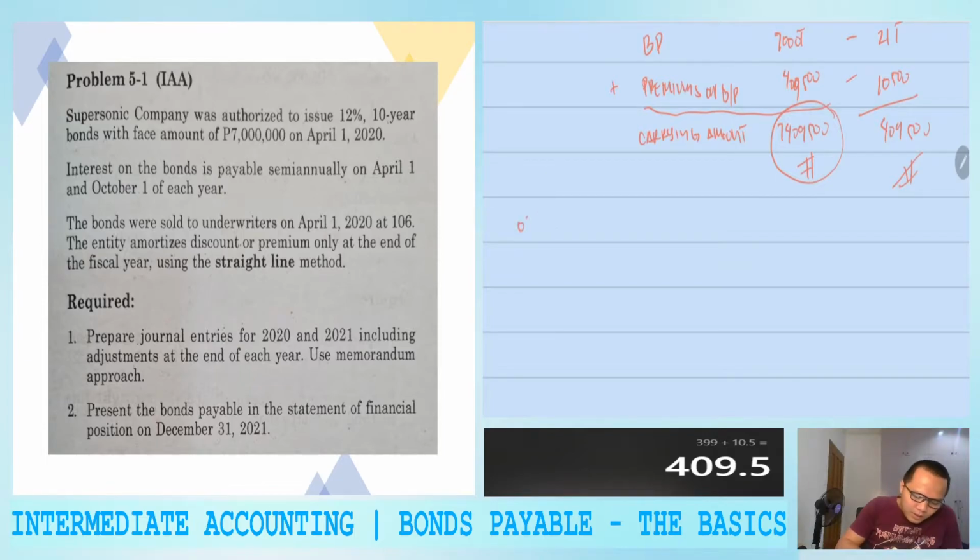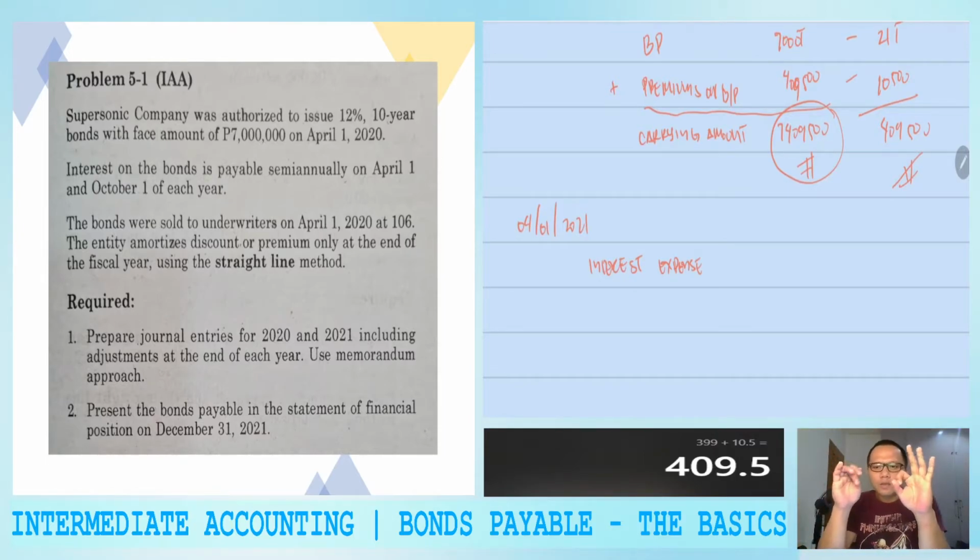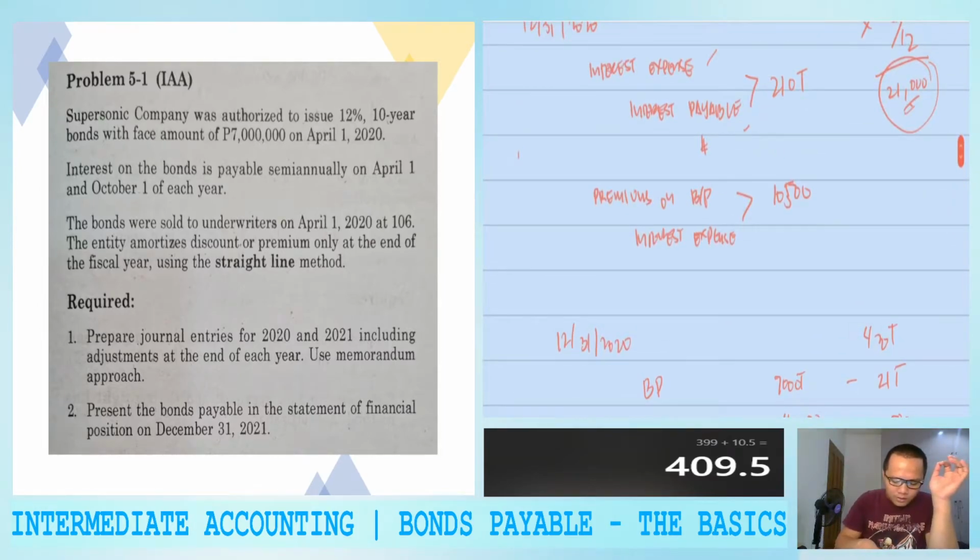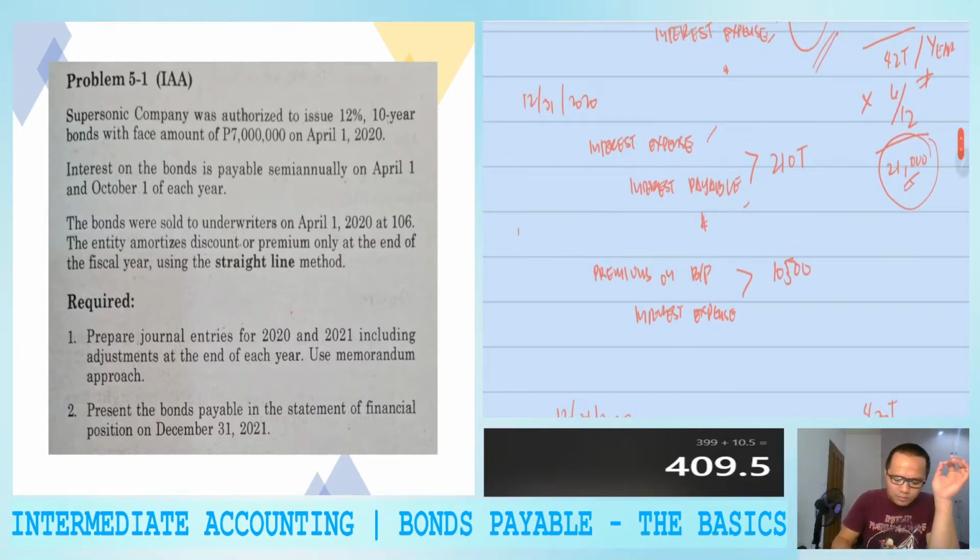The next entry would be April 1, 2021. So, regular entry na lang tayo for interest expense. But on April 1, the interest expense is only 3 months, not 6. Why? Because on December 31, 2020, we have already recognized half of it.